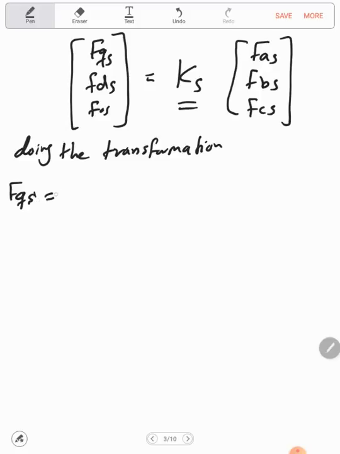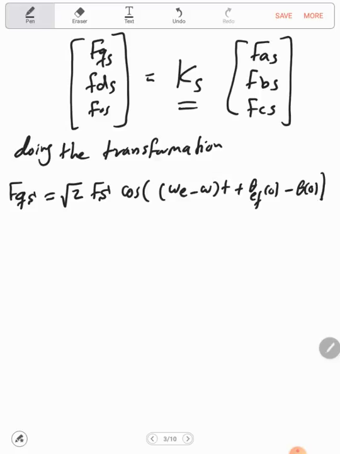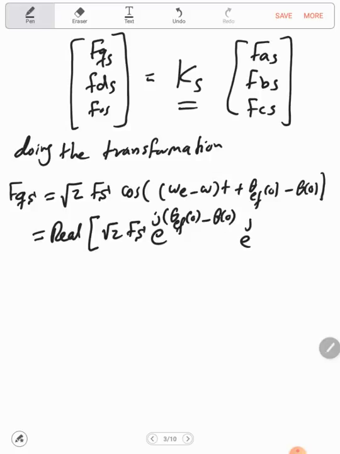FQS equal to square root of 2 Fs cosine of omega e minus omega multiplied by t plus theta ef of 0 minus theta of 0. Now, this can be written as the real part of square root of 2 Fs exponential of j theta ef of 0 minus theta of 0 exponential of j omega e minus omega t.